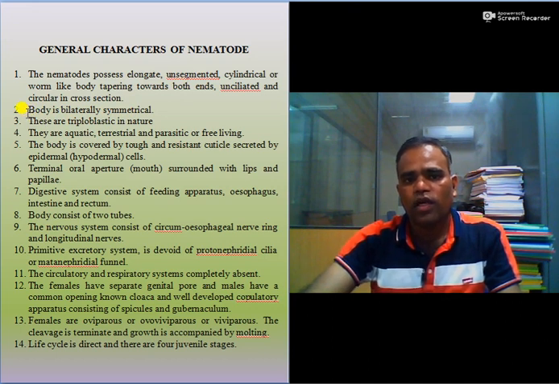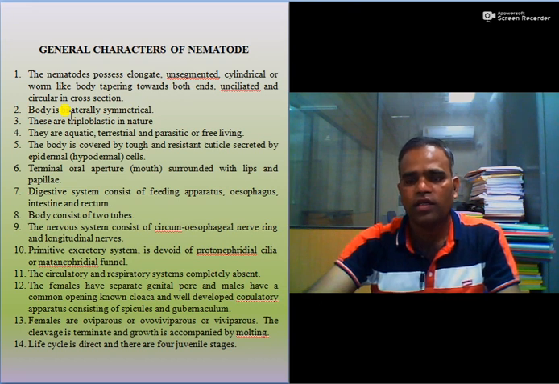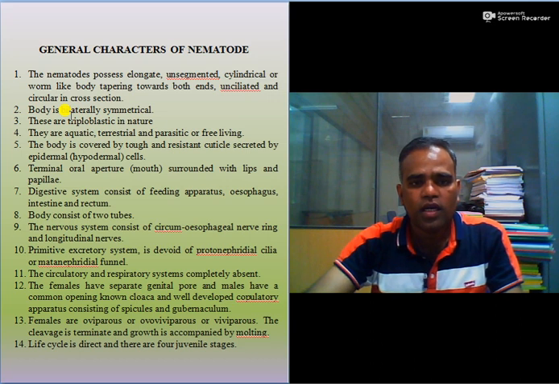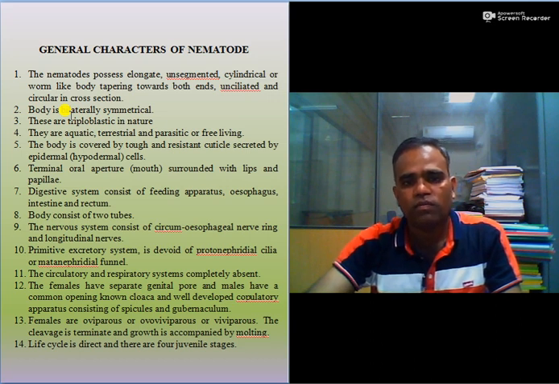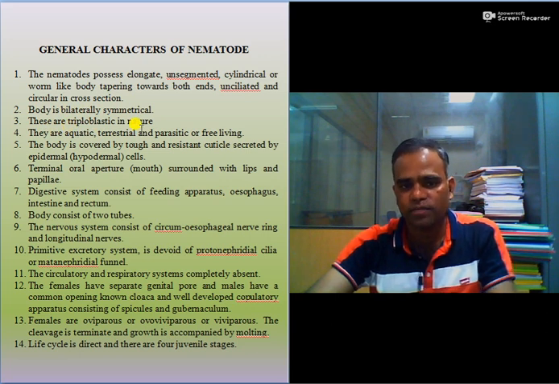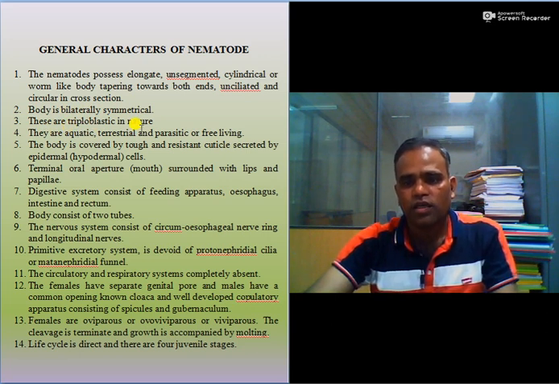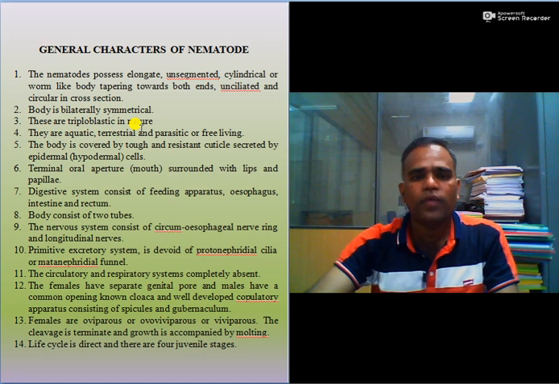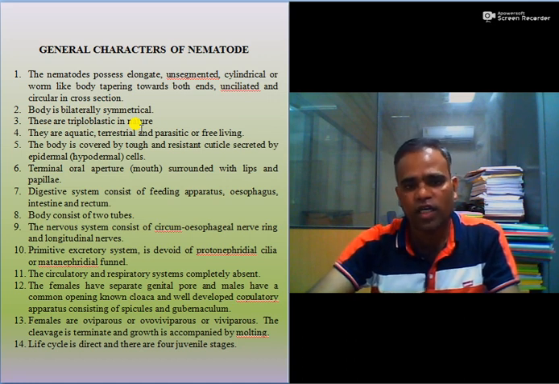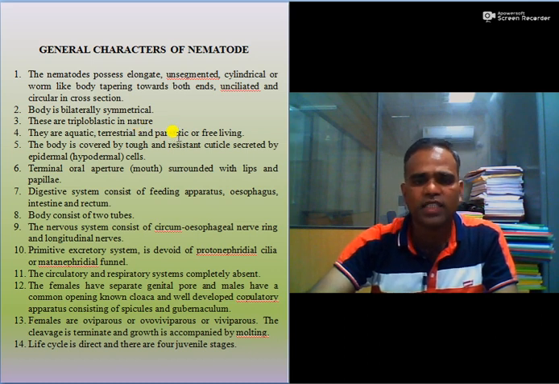If we divide the nematode body vertically, then it will be symmetrical. So that is why it is called as bilaterally symmetrical. So these are triploblastic in nature. The nematodes are present everywhere, whether it is aquatic condition or terrestrial condition, and these may be parasitic or free living.